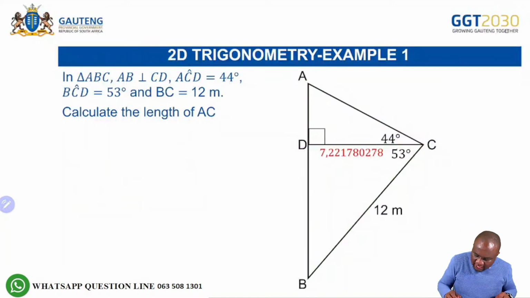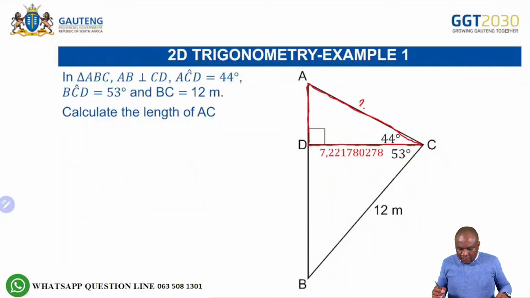Now we need to find AC. We're looking at this triangle now. Right? So our reference angle is 44. This is the hypotenuse. This is adjacent. So DC is adjacent. So again, we're going to use cosine of angle 44 in this case.